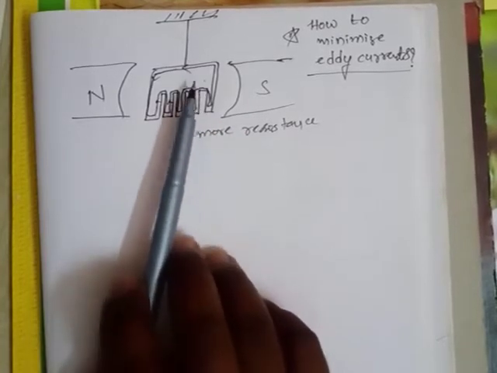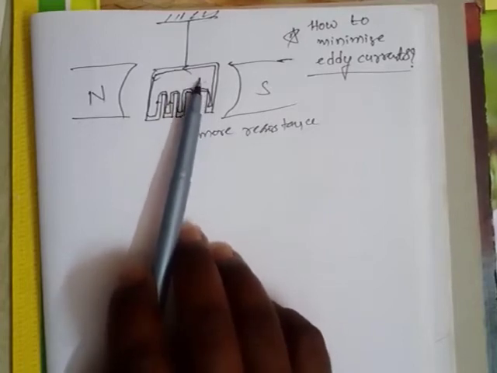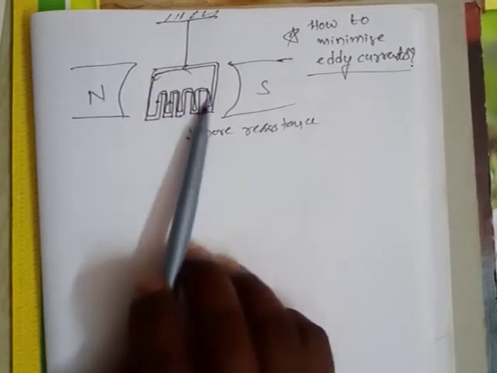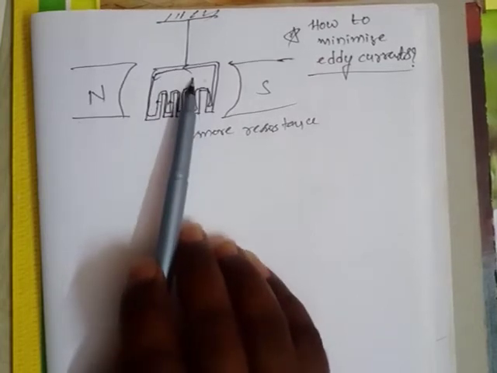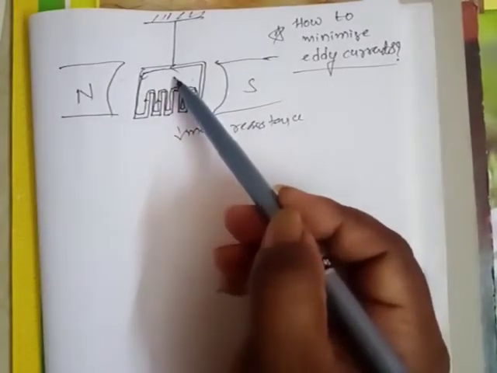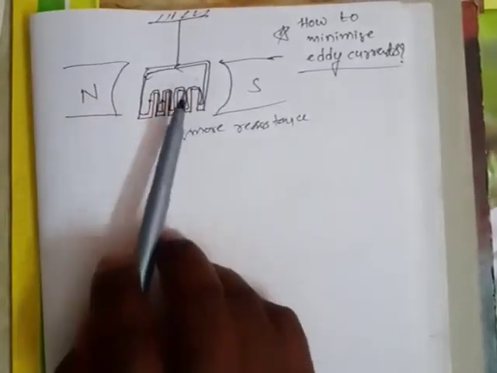That's why the induced current, or eddy current, becomes very small. So the opposition due to the change in the magnetic flux is also less, and that's why this metallic plate oscillates more freely compared to the previous case.